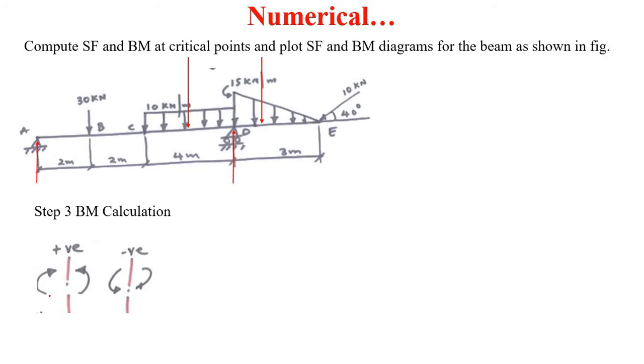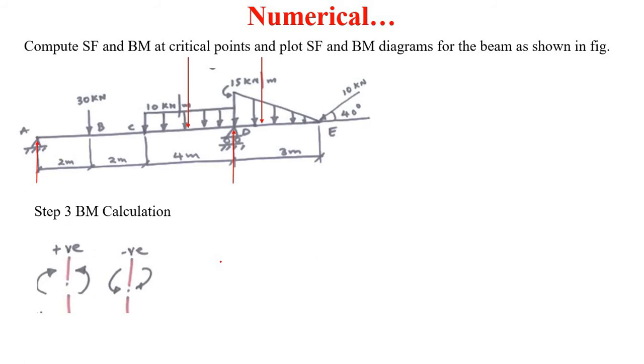The clockwise moment at the left side of the section and the anti-clockwise moment at the right side of the section will be considered as positive. And the anti-clockwise moment at the left side of the section or the clockwise moment at the right side of the section will be considered as negative. This bending moment sign convention we have already seen in the previous numericals as well.